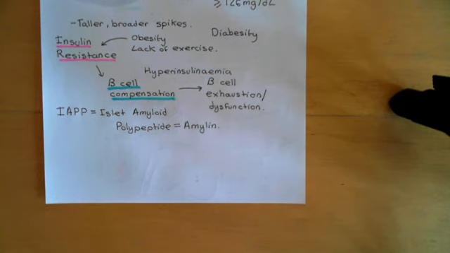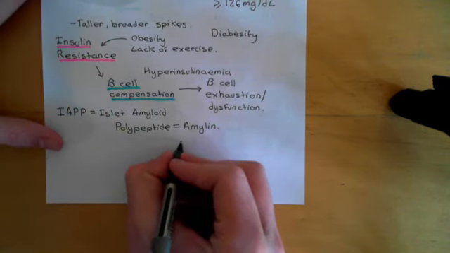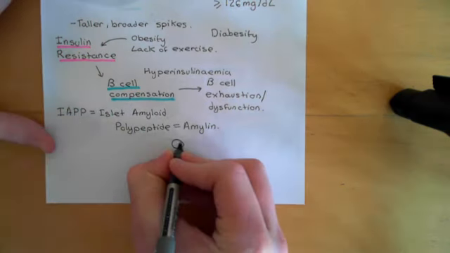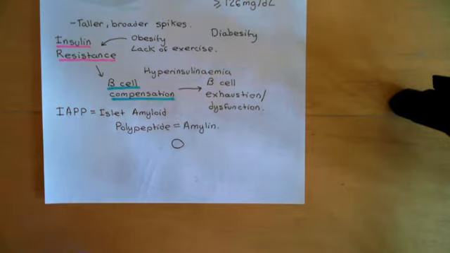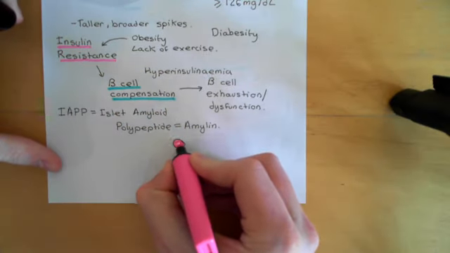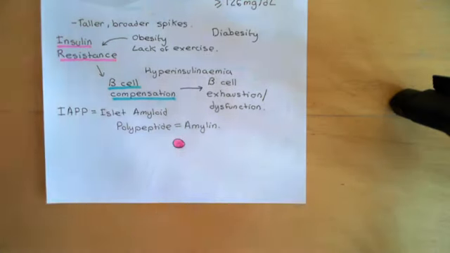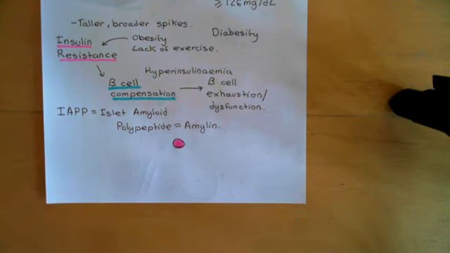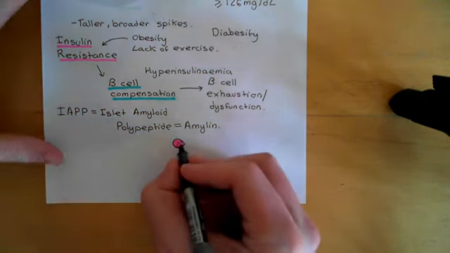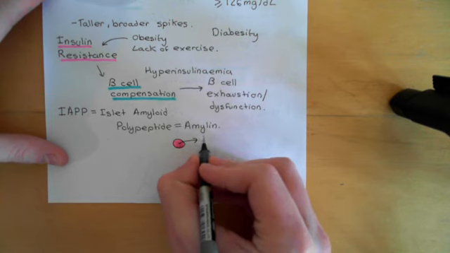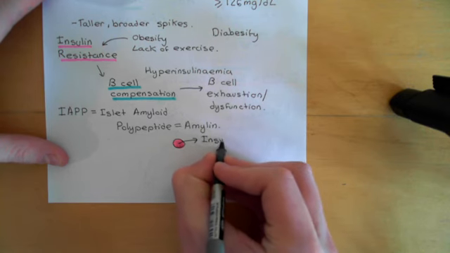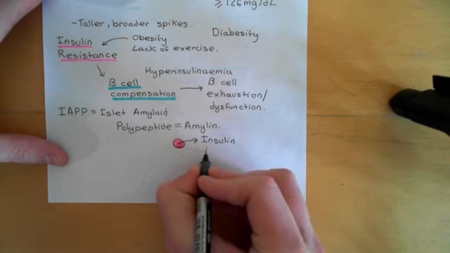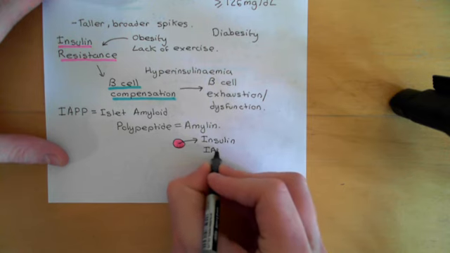Now, this is a protein whose function we do not know, but which is secreted by the beta cells of the islets of Langerhans. So remember, the beta cells are the ones which secrete insulin, and in fact, the islet amyloid polypeptide is secreted by the beta cells whenever they secrete insulin. So whenever they secrete insulin, IAPP is also secreted.